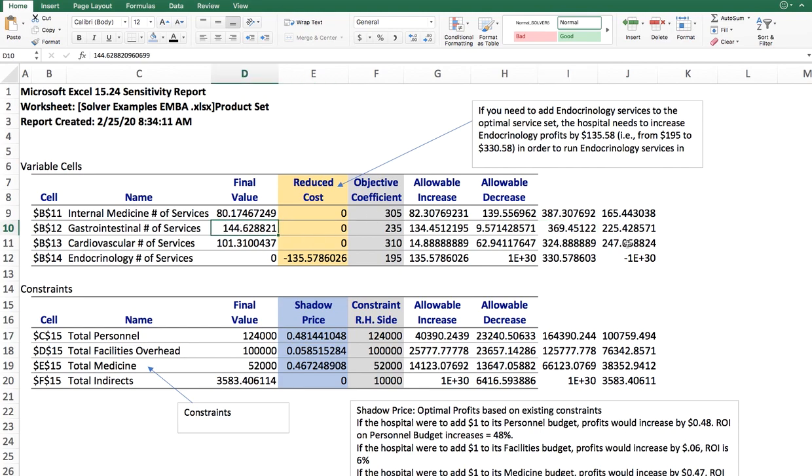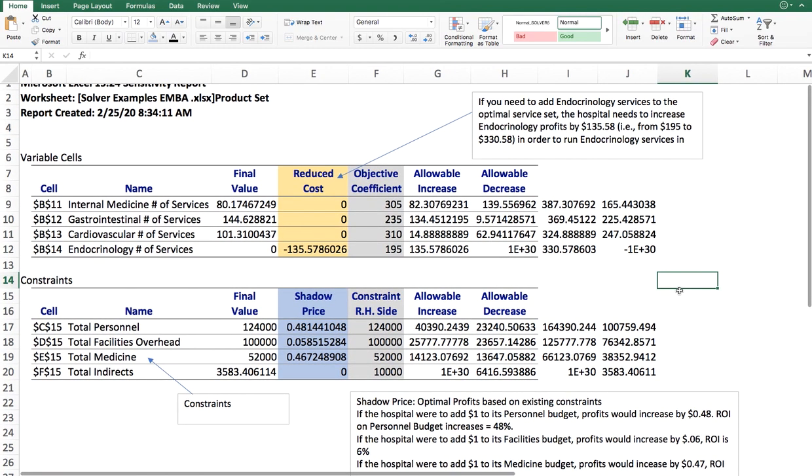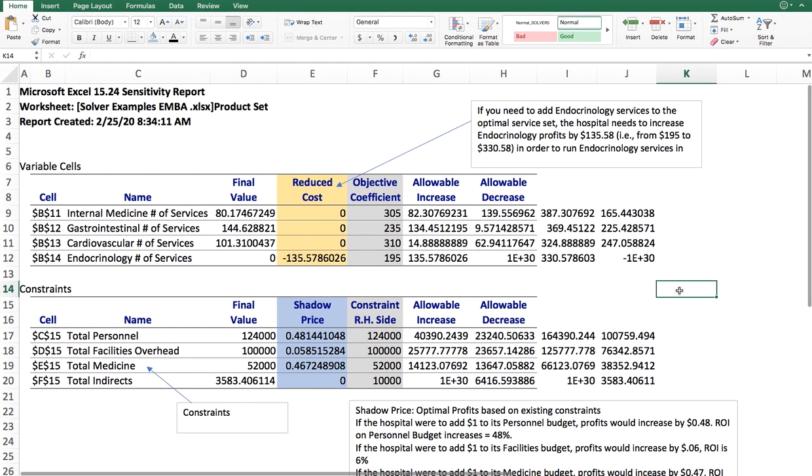As long as the profits for cardiovascular services are between $247.06 and $324.89, you'll still offer 101 services. In order to change the number of services you offer, the profits have to be higher or lower than that. So hopefully that was helpful, it's a very useful way to make decisions, and all the best.